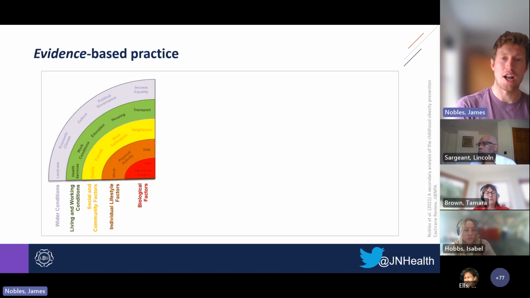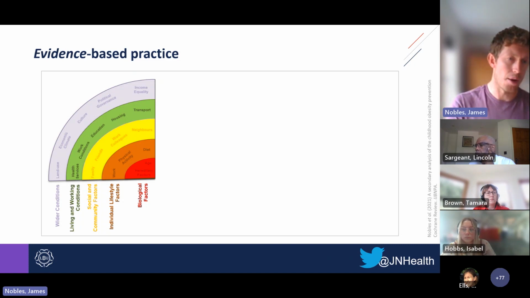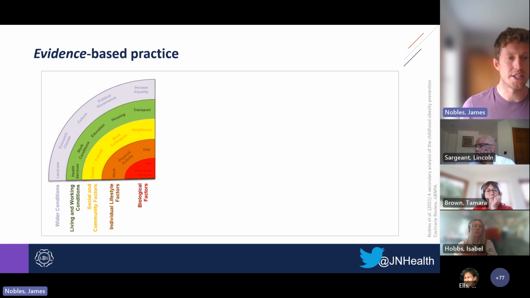So orange on my screen are the individual lifestyle factors: the food that we eat, the activity that we do, the work that we might undertake, more behavioral factors. When we go out to the yellow band, they are the social and community factors. So it looks more at the people who are around us, so work colleagues, neighbours, friends, family, etc.